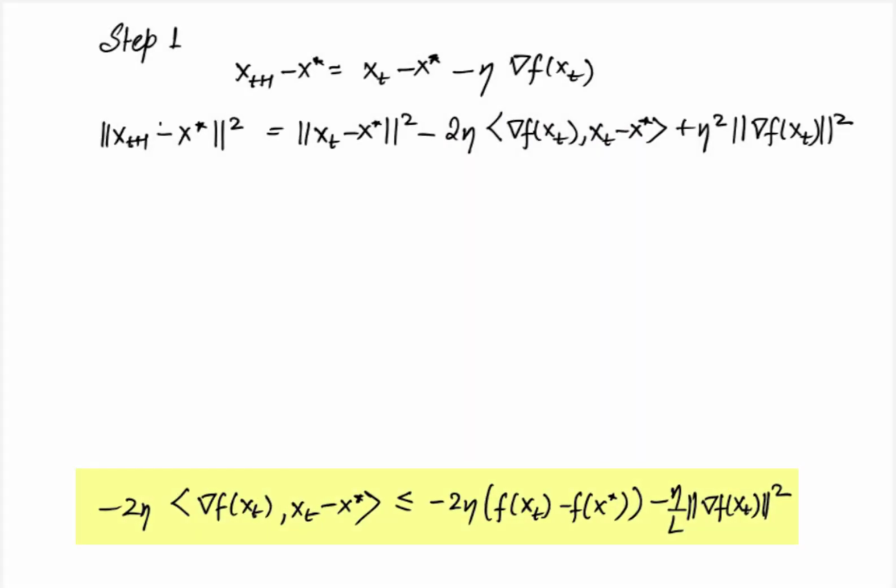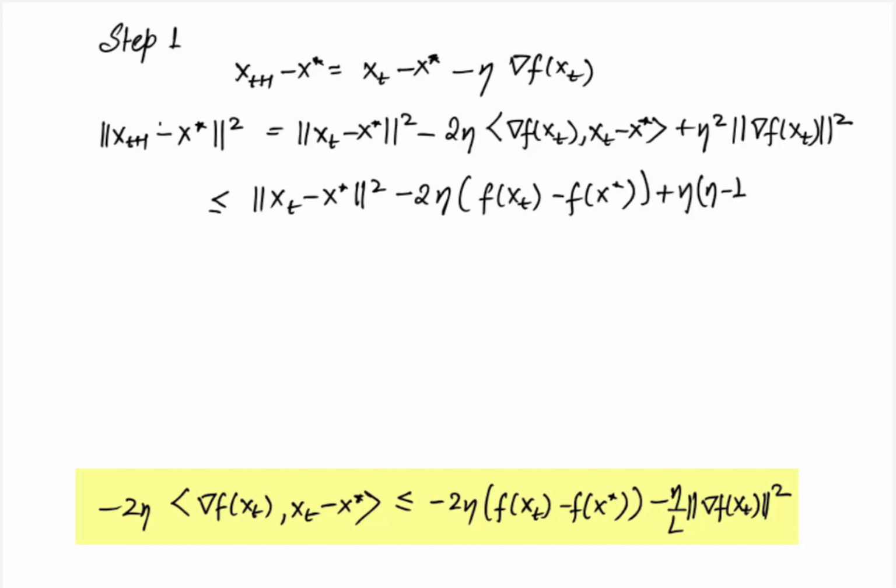Then we will get that the left hand side, which is xt plus 1 minus x star square, is less than or equal to xt minus x star square minus 2 eta times f of xt minus f of x star plus eta times eta minus 1 by L gradient of f of xt norm square. Now at this stage you can notice that the second term contains the optimality gap f of xt minus f of x star.